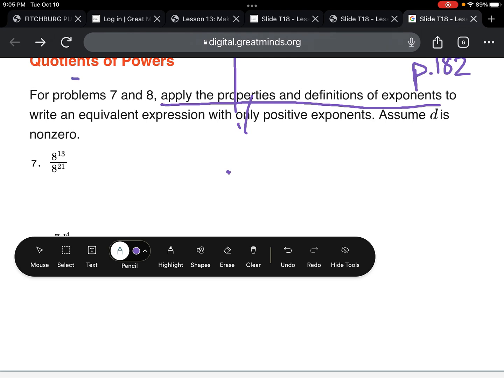And just like we said earlier about using the reciprocal, all of that is true, but really a shortcut is to think of these as subtraction if we have the same base. So in number 7, we have 8 to the 13th power divided by 8 to the 21st power. Because we have the same base, an 8 and an 8, we can use subtraction of these exponents to end up simplifying this expression.